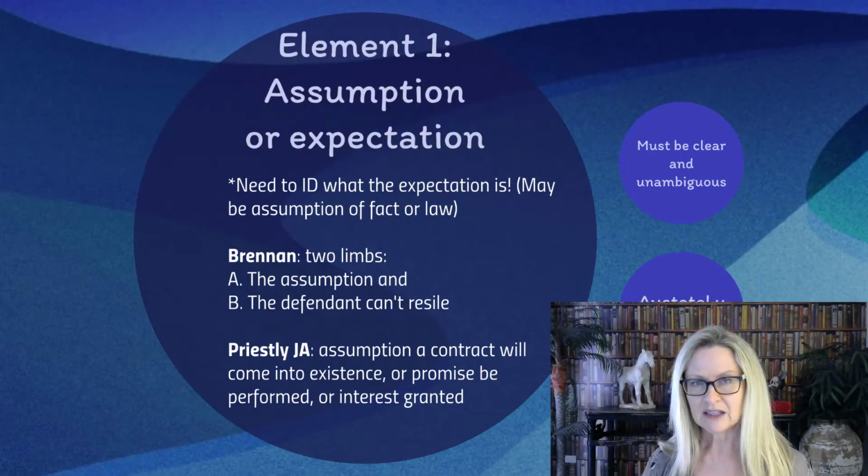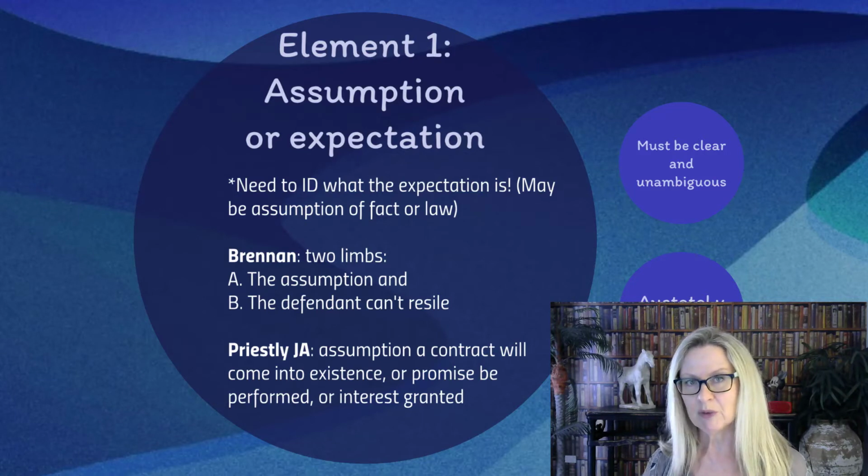In a subsequent case that we'll look at in just a minute, Priestley tinkered around with this first element a bit and broadened it out, saying that it will suffice if there's an assumption that a contract will come into existence or a promise will be performed or an interest granted.